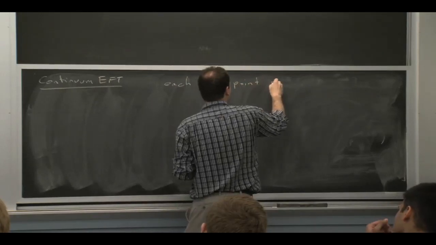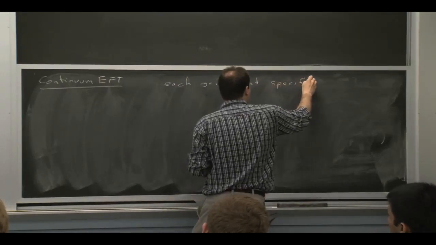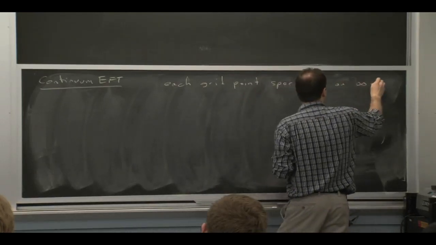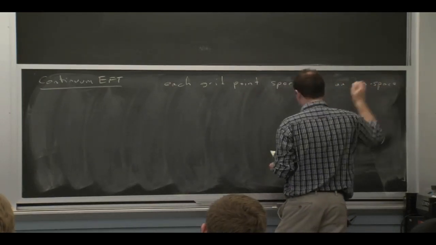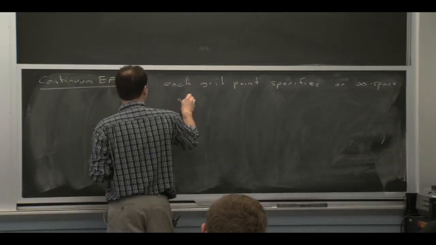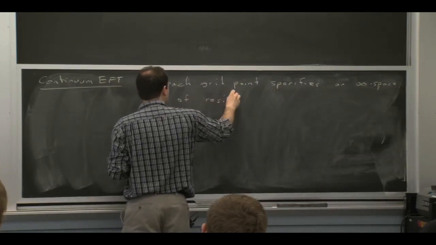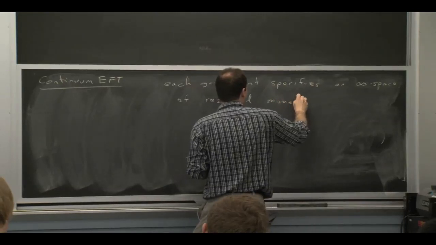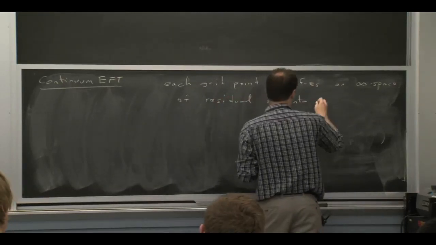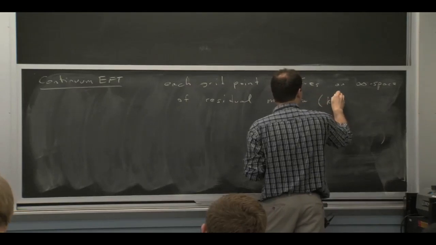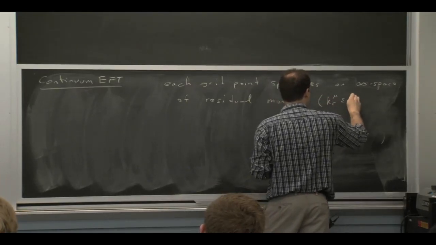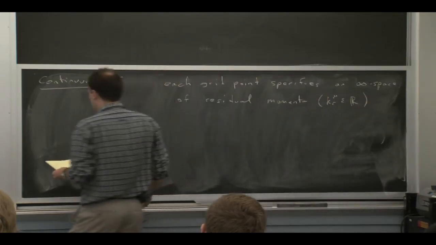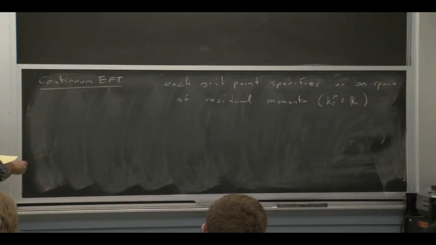So each grid point really is specifying an infinite space of residual momenta. And it's R4, or it's Minkowski space. So the momenta components are real numbers. And there are some rules. So what are the rules?